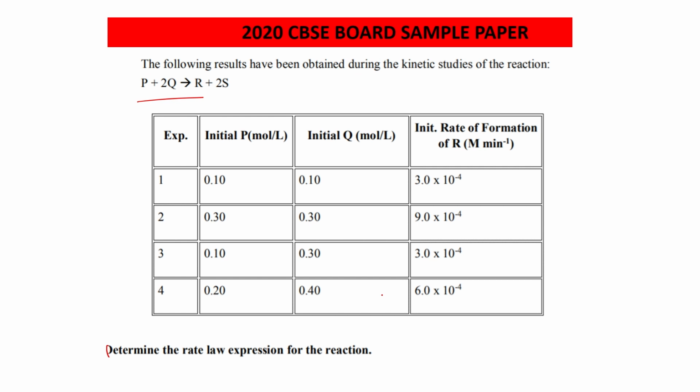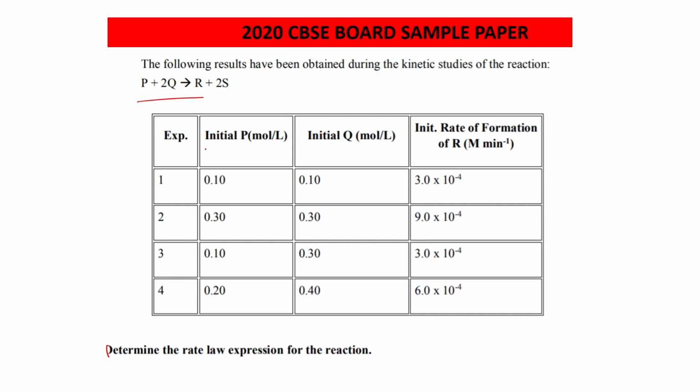So I have to determine the rate law expression. As soon as this is given, try to write the differential rate equation always, so that you'll have an idea what is the order of the reaction. So x in terms of P and y in terms of Q. Now, let us take it step by step. Let us take this as rate 1, rate 2, rate 3 and rate 4.